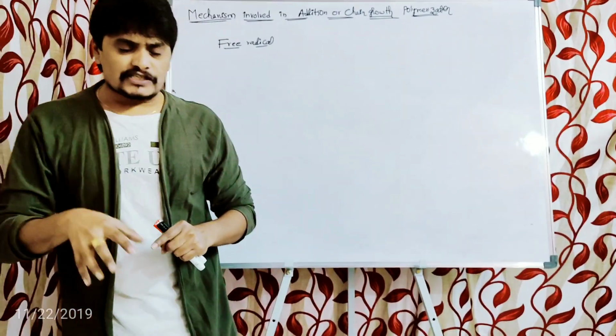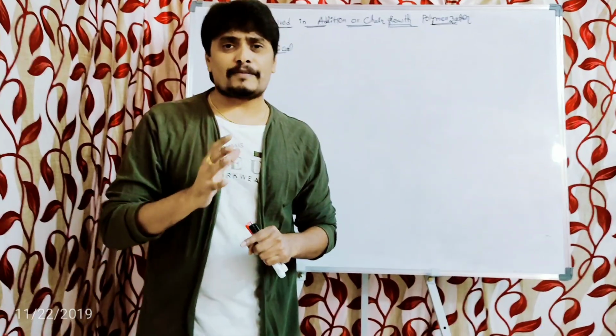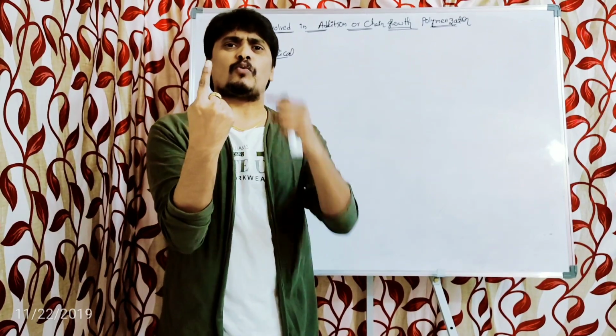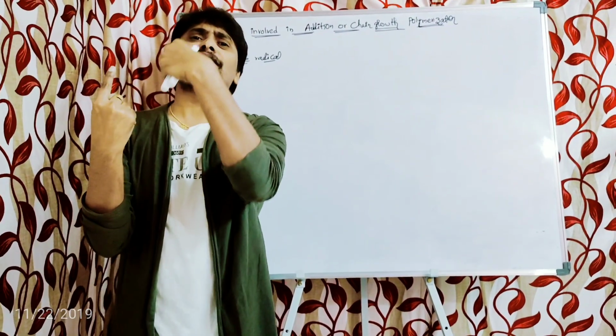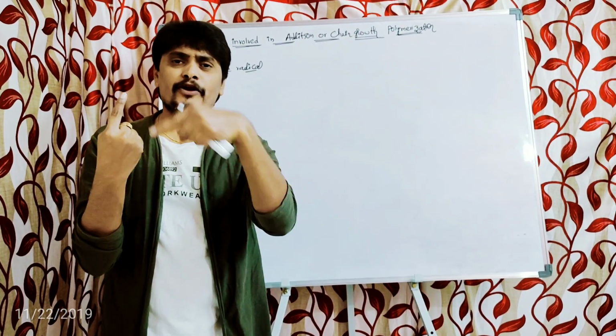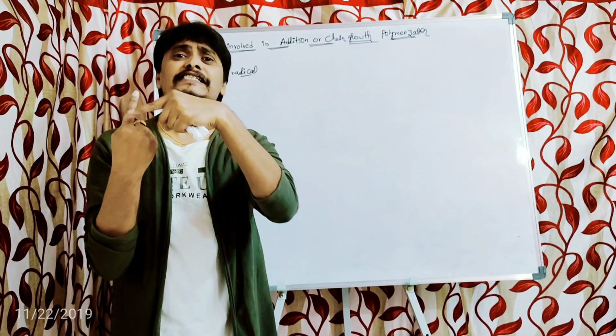So based upon this, we can say that the free radical is least stable. It is least stable because if it has 1 electron, it reacts with the other electron present in its vicinity in order to get paired up. Once it gets paired up, it attains stability.